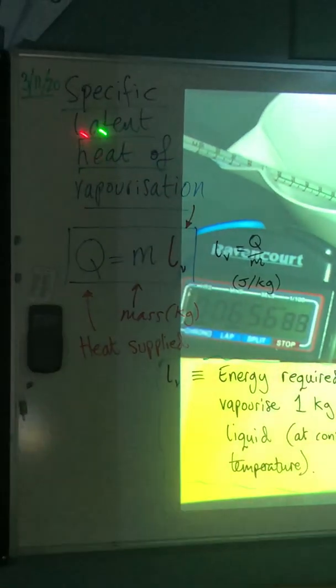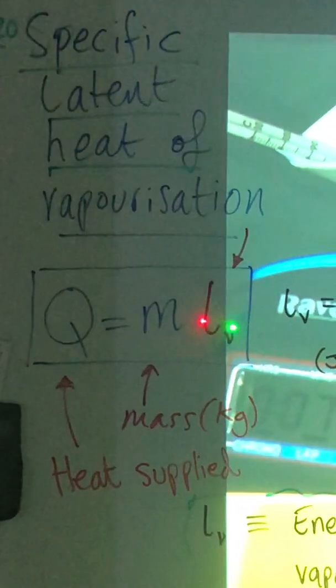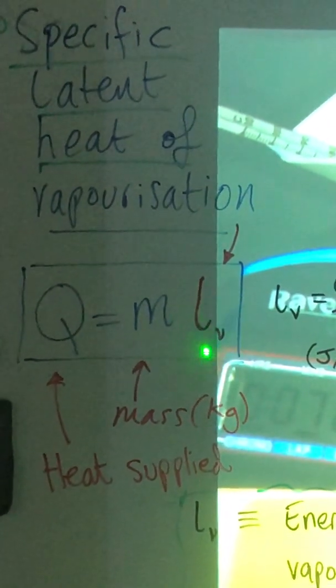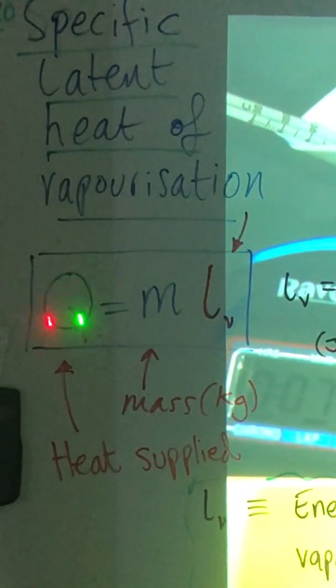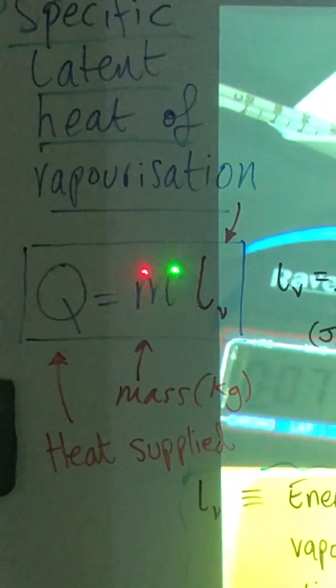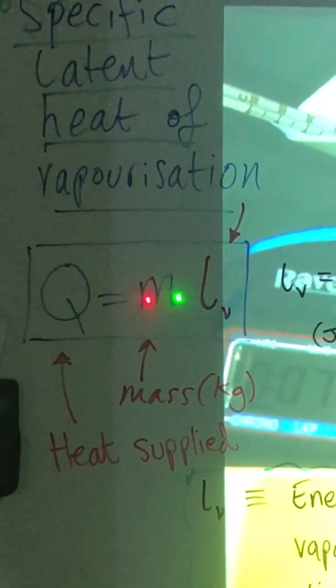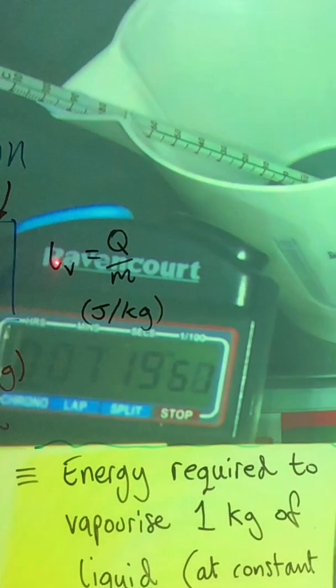So the specific latent heat of vaporization, LV, here, and this is the heat energy we're putting into the water, Q. M is the mass of the water that we're going to vaporize, and LV, latent heat of vaporization. Makes more sense like this.